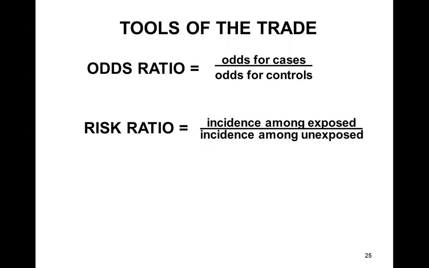So who can guess as to which one of these we use for a case control study? And the hint is kind of in the words that are used to define odds ratio and risk ratio.